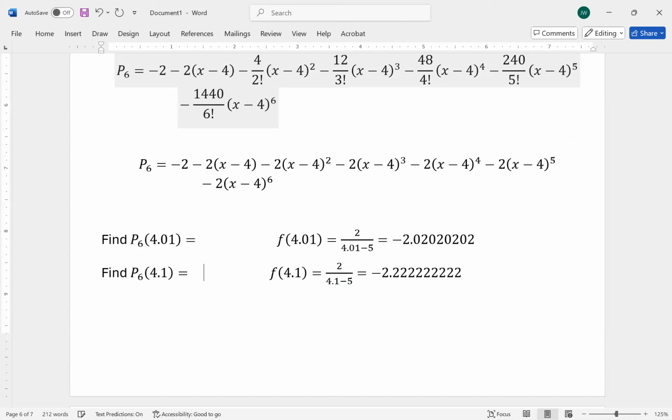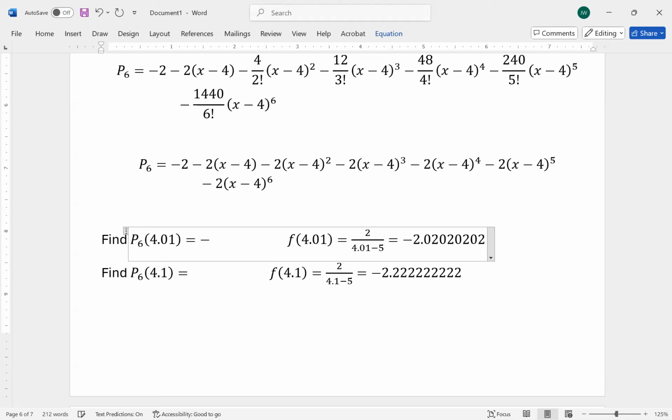Now let's plug in those two values into this polynomial. I'll do that on my own. Interestingly enough, when I did that with 0.01, I got the exact same value on my calculator display.